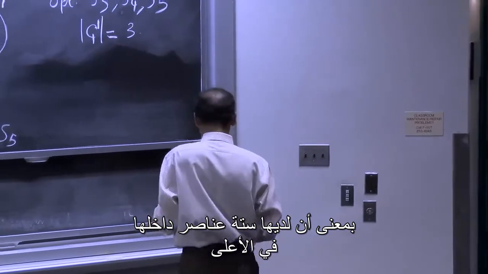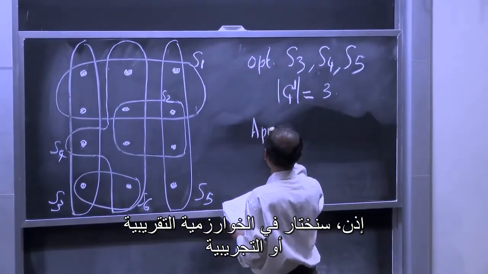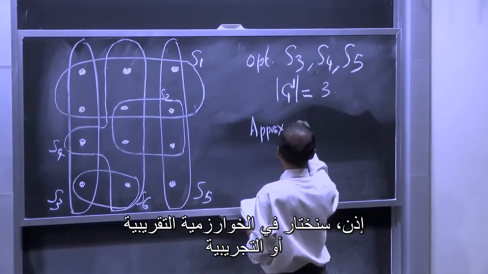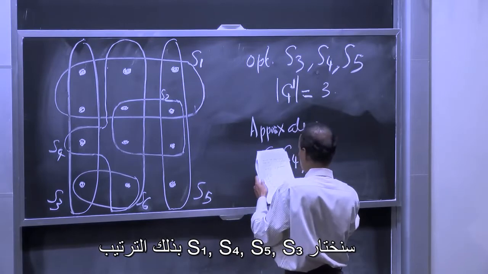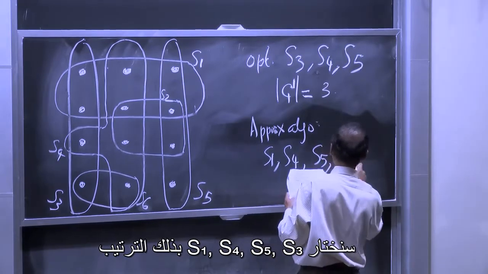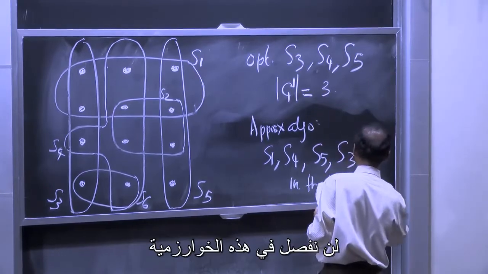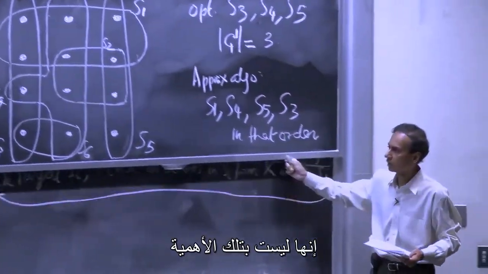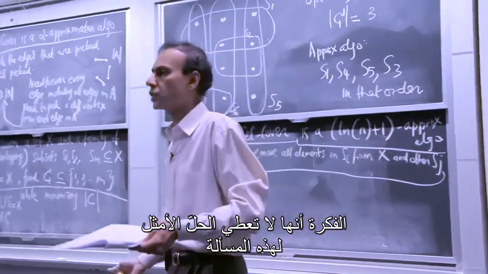Up on top, and so the heuristic algorithm would pick S1, S4, S5, and S3 in that order. I won't go over it. It's not that important. The point is it doesn't get you the optimum for this problem.